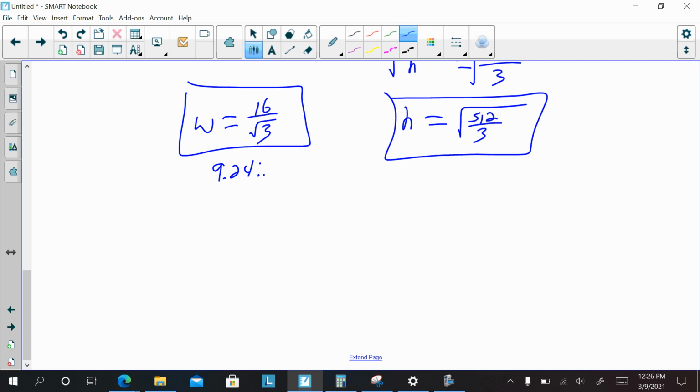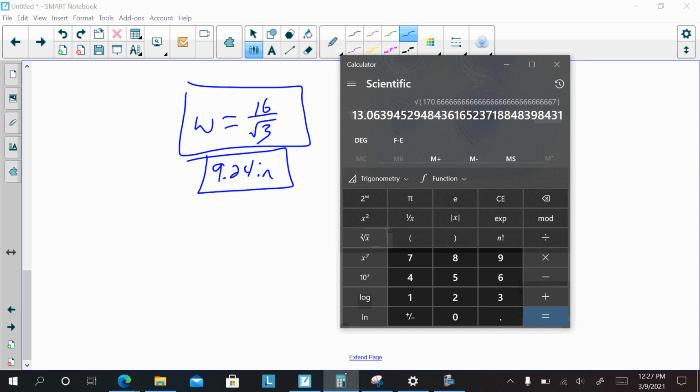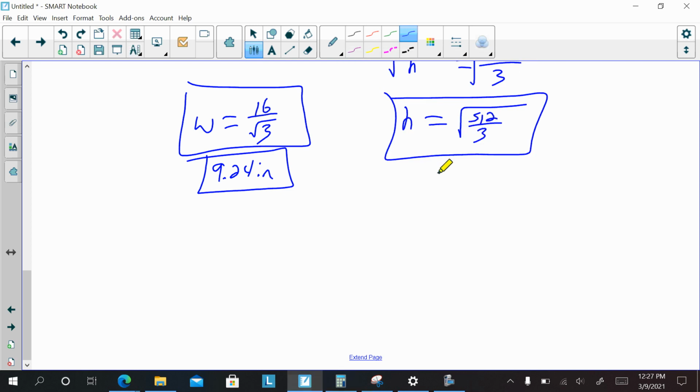And our lengths were in inches. Our height, how tall is it going to be? 512 over 3. Take the square root of that, so about 13.06. So to the nearest hundredth, these are the dimensions of that beam that we could cut out of a log that has a diameter of 16 inches. And this would be the strongest possible beam that we could get.